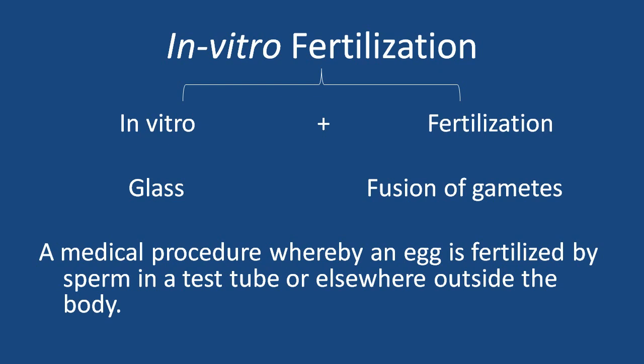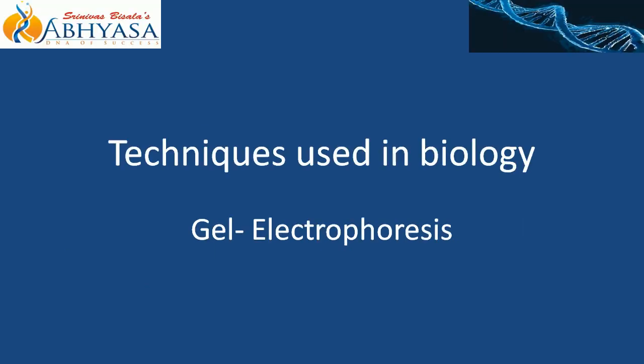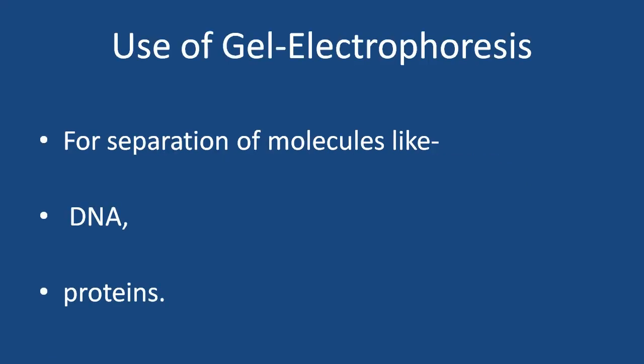Now there is one technique we are going to study in detail, that is gel electrophoresis. Now the definition we have studied. What was the definition? हमने देखा था electro plus phoresis where electricity is used for the transportation of molecules. So this technique is used for separation of molecules like DNA and proteins.